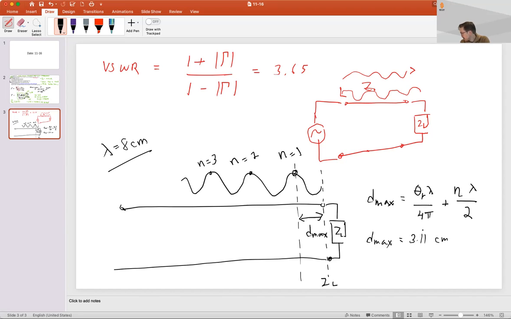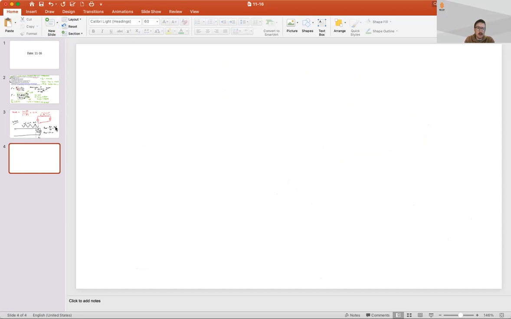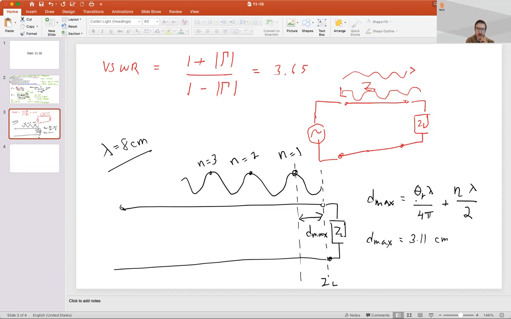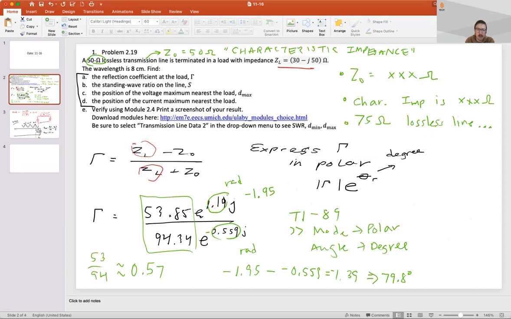Now, one thing that you should know is that there are two different ways that you can look at this. Depending on the angle that you have here, this angle describes the reflection coefficient, and the reflection coefficient tells us how much is being reflected back from the load.